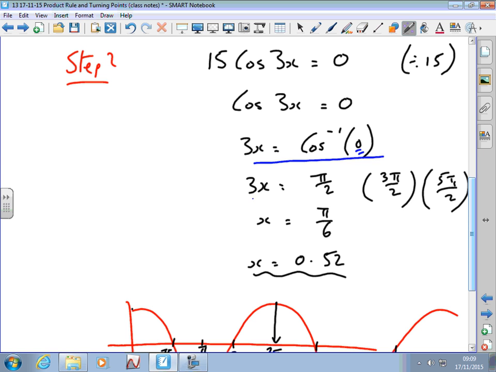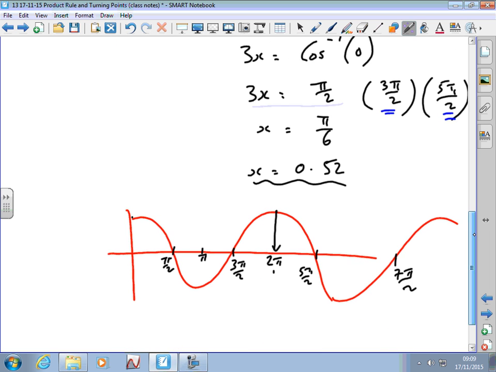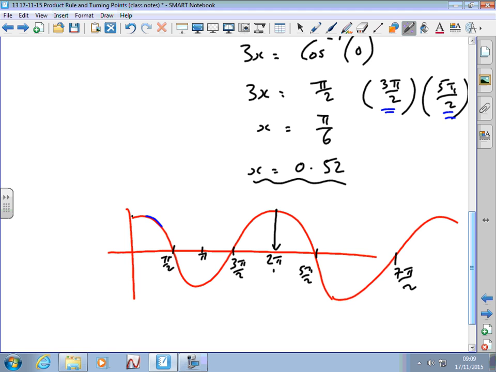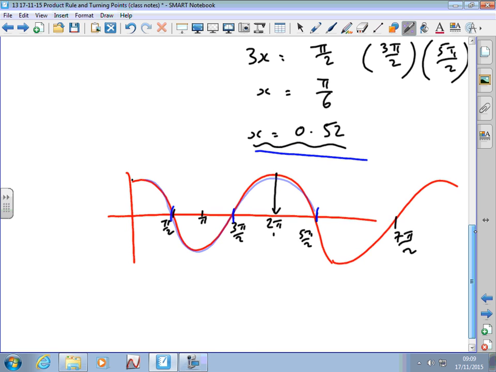And then we discuss the first one, because the calculator gives us that. That always gives us the first one. But then we may think about finding successive ones by thinking about the actual curve that's involved here. So pi over 2, and then so on. So we've got our value, x equals 0.52.